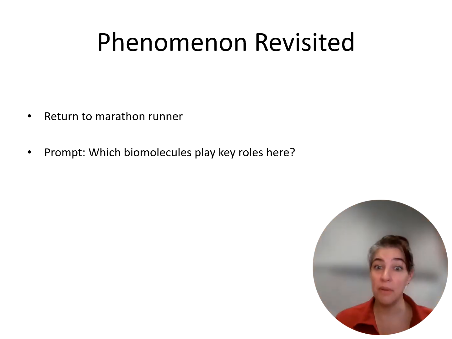All right, so let's revisit that Olympic runner, the marathon runner who collapsed after their race. When the runner collapses, it's because their carbohydrate stores are depleted. They've burned through all the glucose and glycogen. Their proteins, the enzymes and muscle fibers, are still working, but they can't keep up without energy.